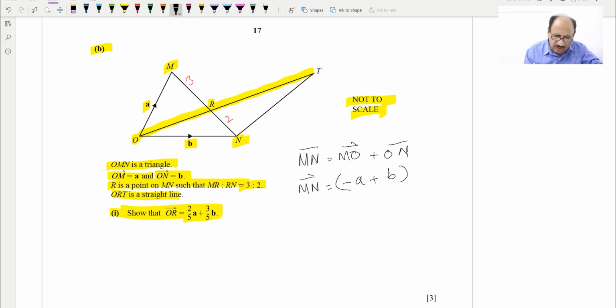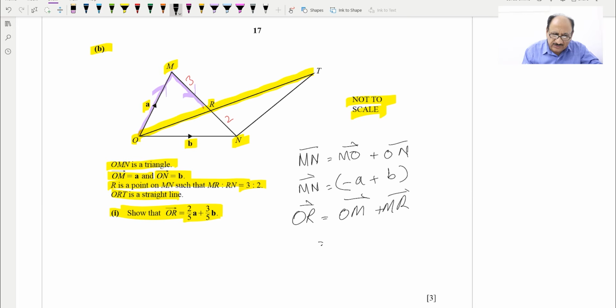Now we can write OR will be what? OR is equal to OM plus MR. We can take this route, OM, and MN, and this will be our route.